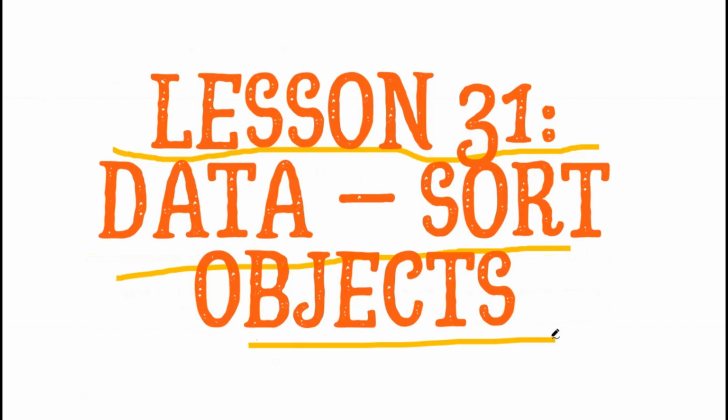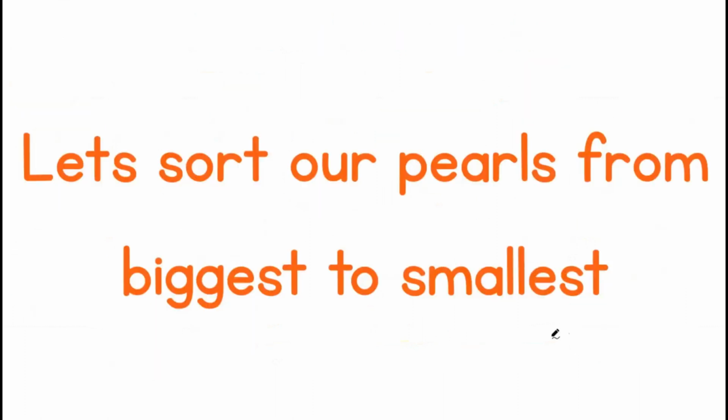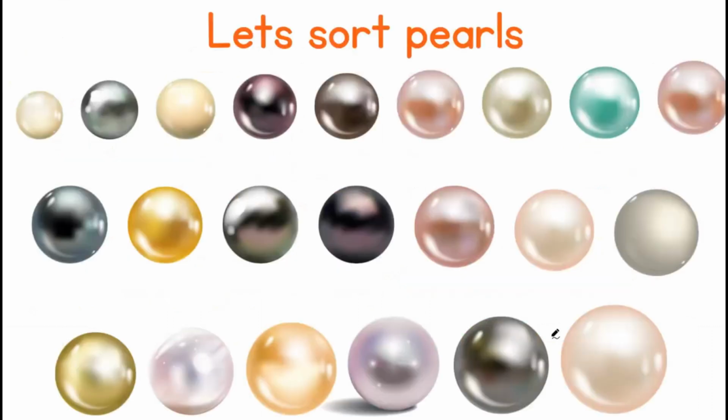We learned that there are different ways to sort our objects, and in this lesson, we are going to practice that. Let's start with pearls. There are many different kinds of pearls that come in different shapes, sizes, and colors. So let's sort our pearls from biggest to smallest.